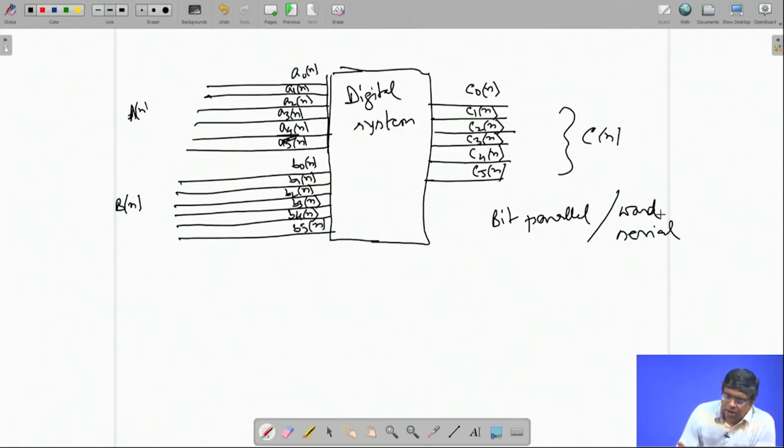There is one extreme opposite of it called bit serial. Actually, in this digital system, whatever it is doing, maybe it will take a bit A0n, B0n, do a processing on that, and give you C0. The same processing it will do on A1 and B1, it will give you C1. The same processing on A2 and B2.